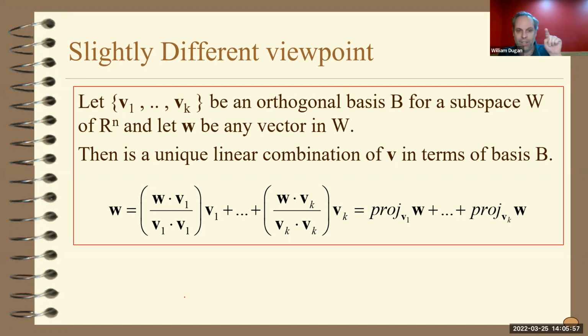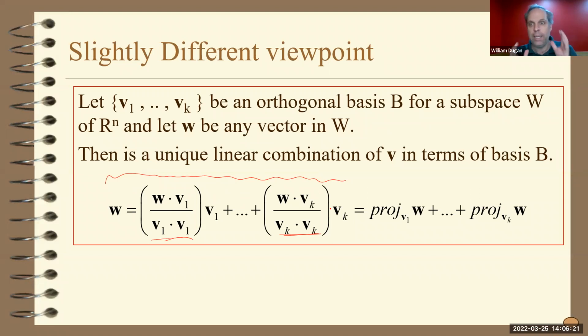Before I wrote down C1 V1 plus C2 times V2, but just put in what I had for C1 and C2 and so on. You get this result. That W can be written this way as this scalar times V1 plus the next scalar times V2, all the way down to the last scalar, CK times VK.